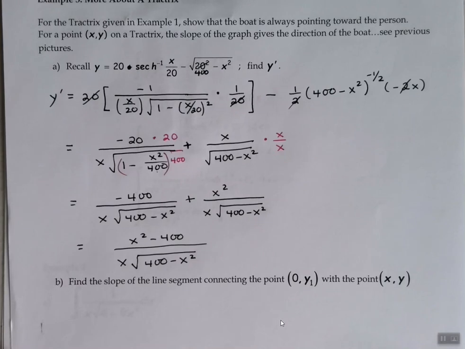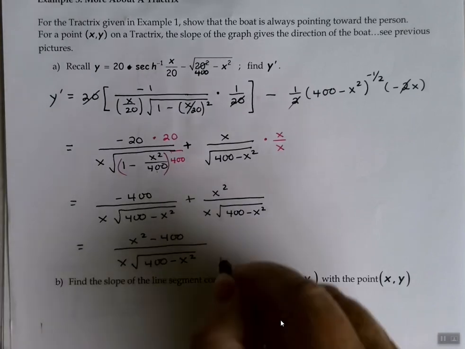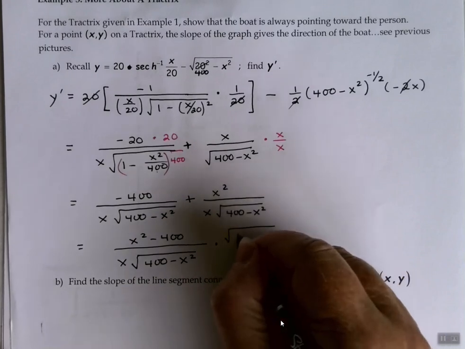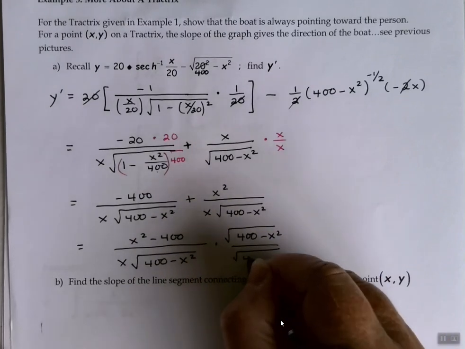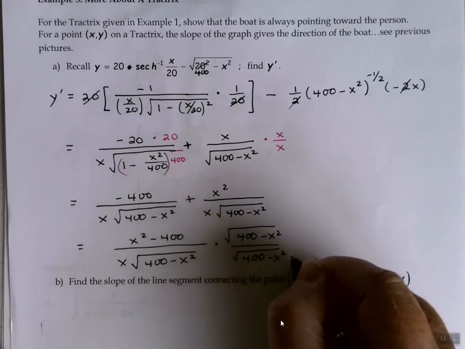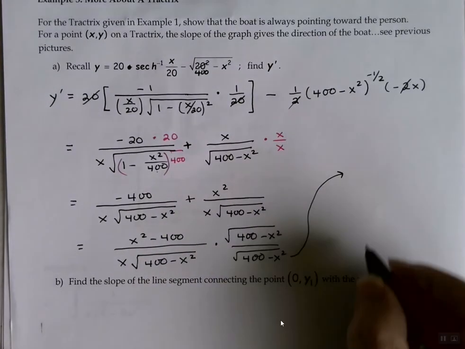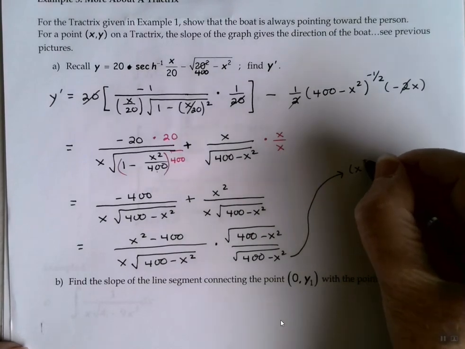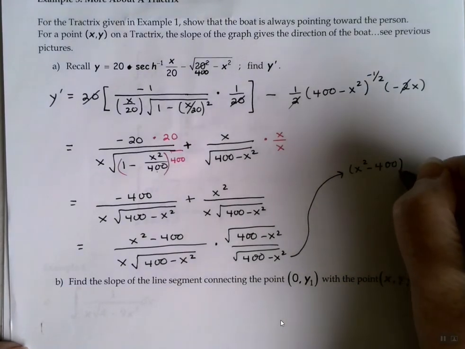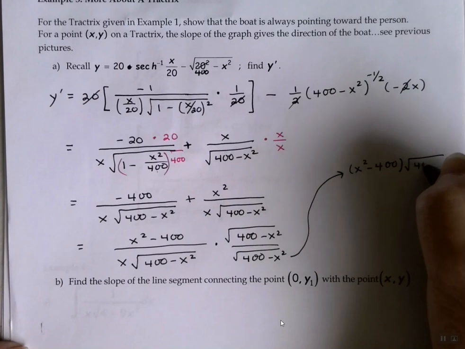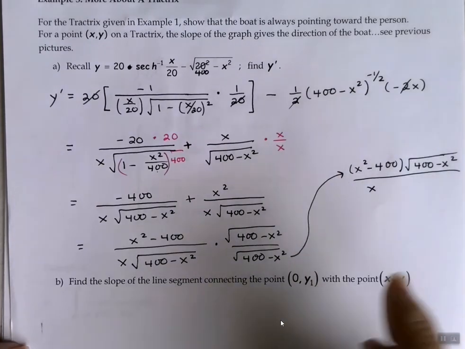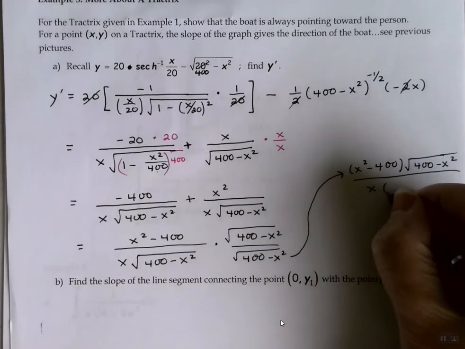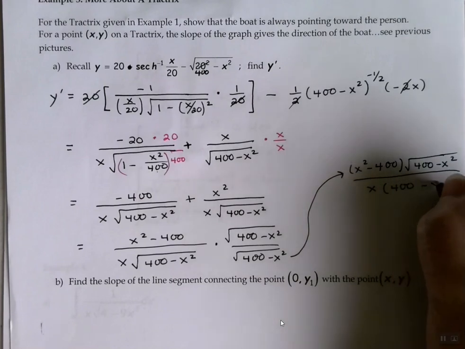We are so close to something really nice, I'm going to go ahead and multiply this top and bottom by the radical to clear the fraction. So I have on top x squared minus 400 times that radical, and on the bottom I would have x and then the square root times itself, 400 minus x squared.